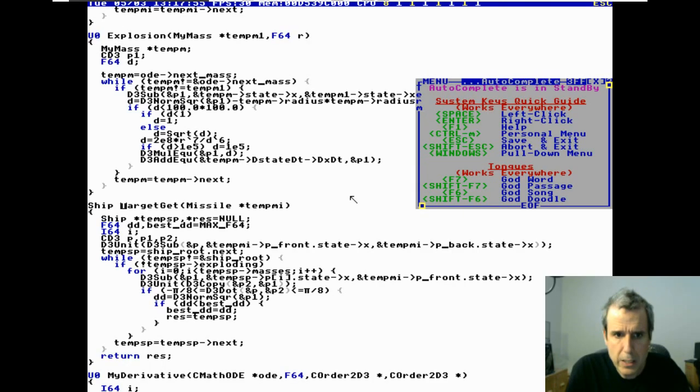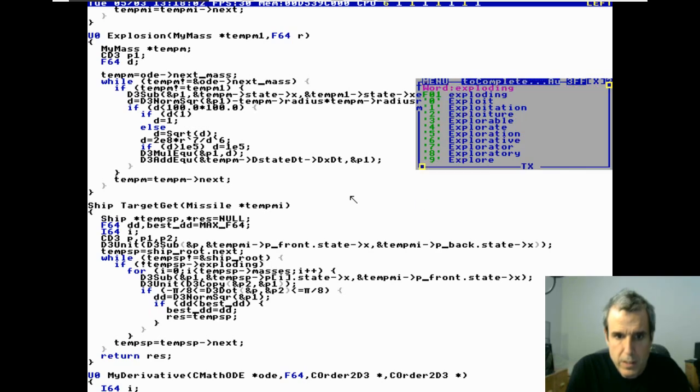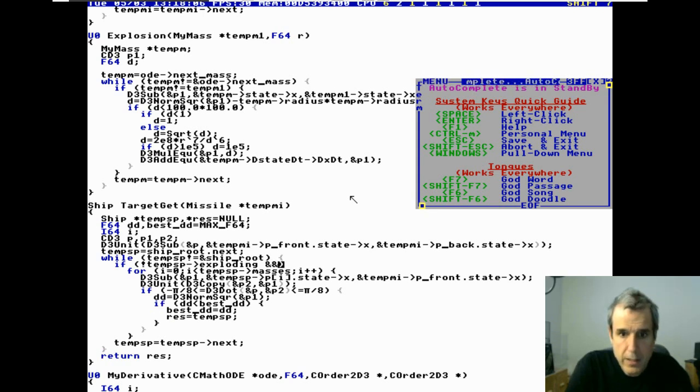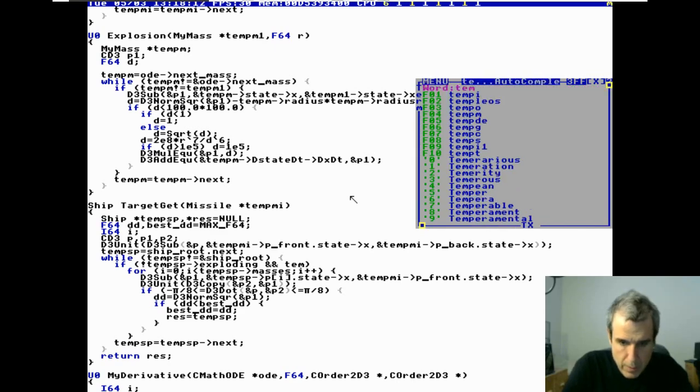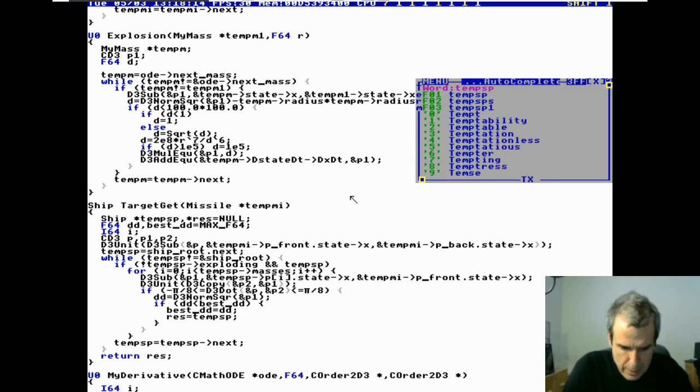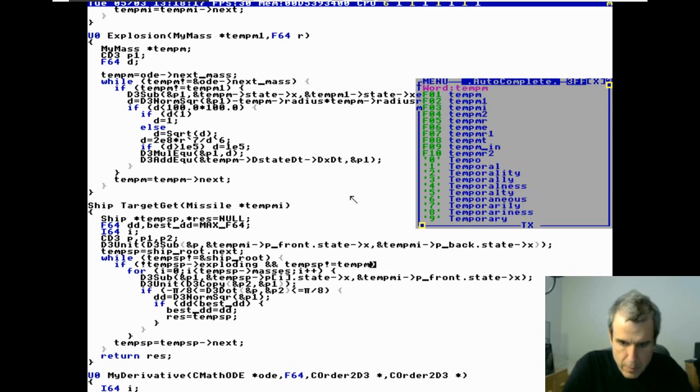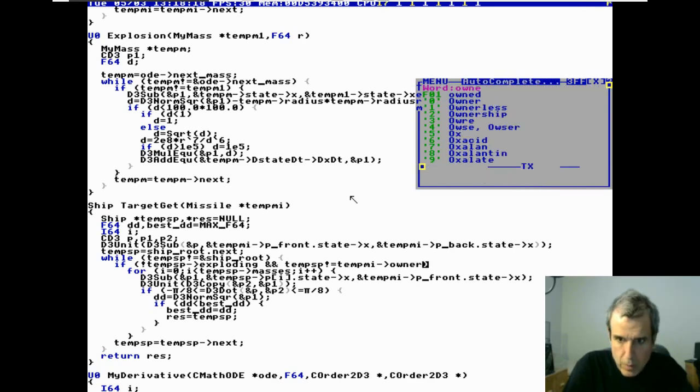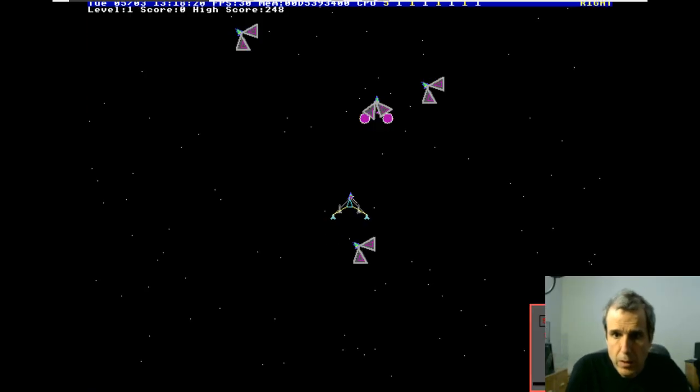Target. If not exploding, and this P not equal owner. Okay.